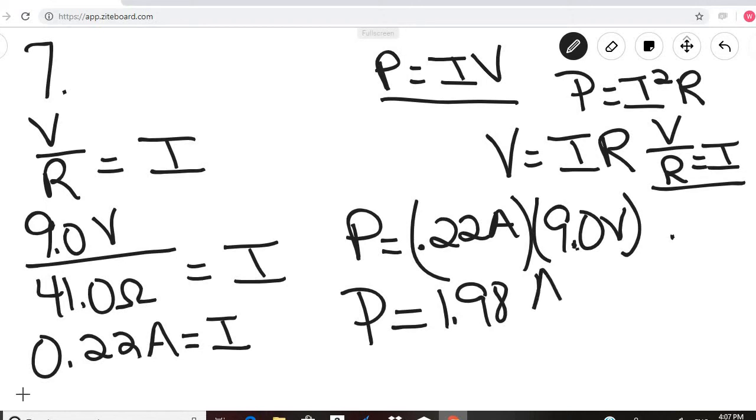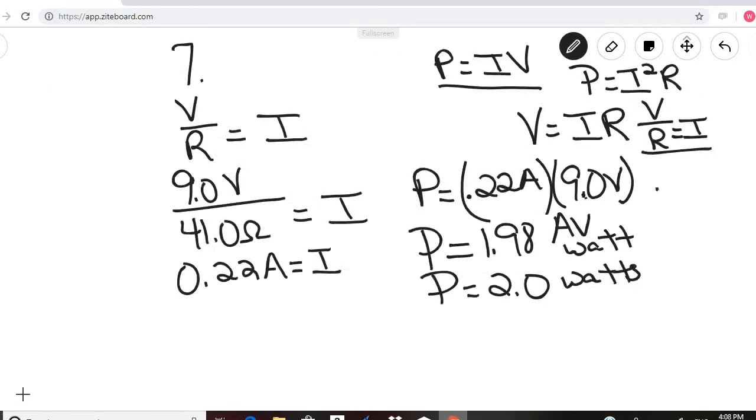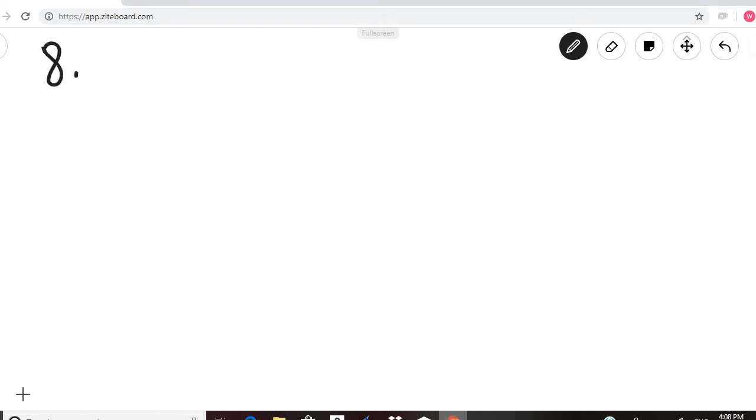It's an amp volt, which is a watt. And we can have just two significant figures, so our power would be equal to 2.0 watts. Okay, number 8. Here is the circuit that we have.